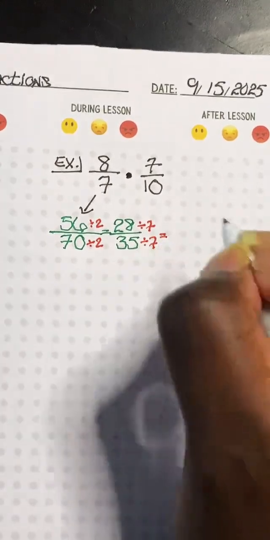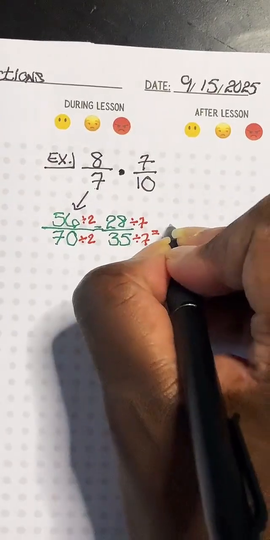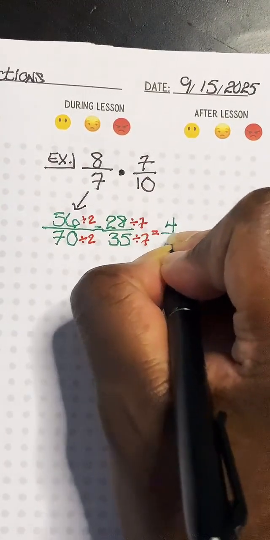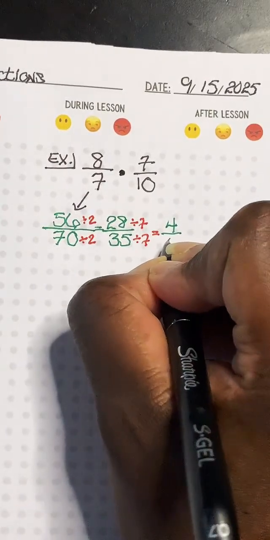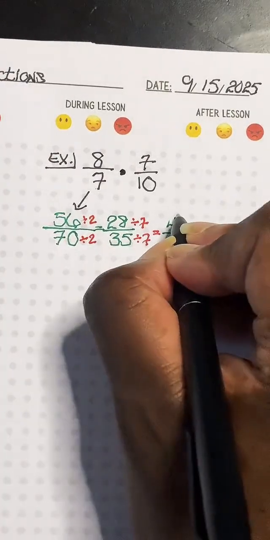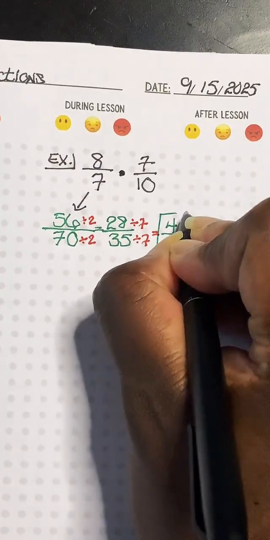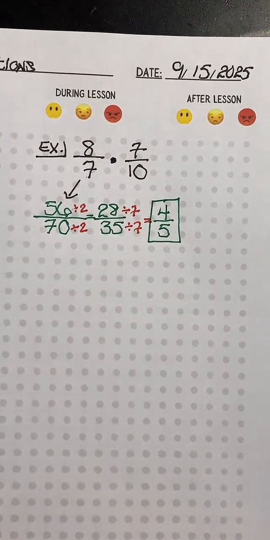So if I reduce that, 28 divided by 7 gives me 4, and 35 divided by 7 gives me 5. And you're probably saying, all right, we got 4/5. Yay. That's one way of doing it.